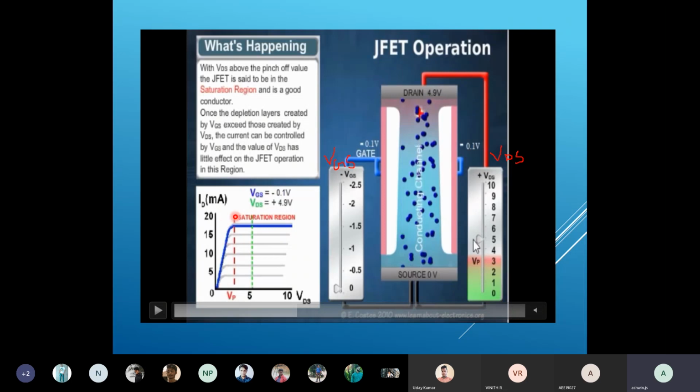After it crosses pinch-off, the current becomes constant. It represents that a particular amount of the area is occupied by the depletion layer, so it allows only a constant number of charge carriers. Why? For example, if the gate space is allowable for only one person, only one person can go.